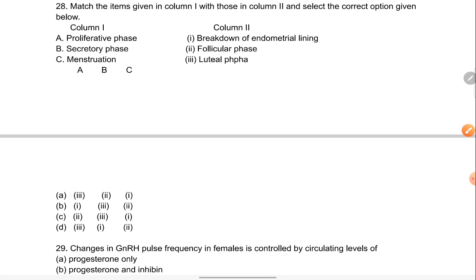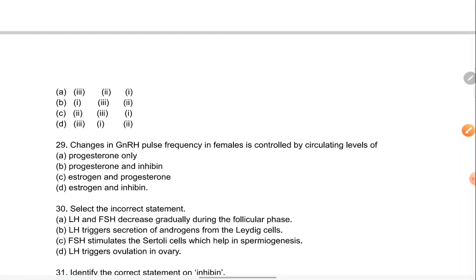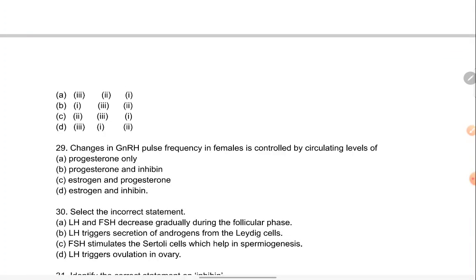Now we can move on to question number 29. Changes in GnRH pulse frequency in females is controlled by circulating levels of dash. GnRH, what is it?